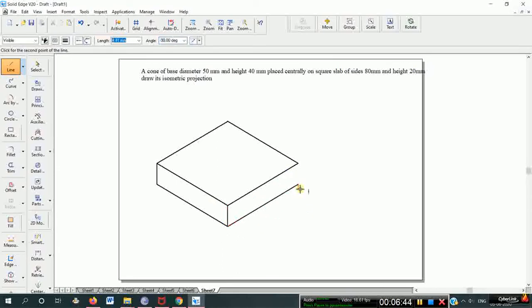Now find the center. So we need to construct a cone of base diameter 50 mm. So from the center take half of that, 25 mm. So start from here.